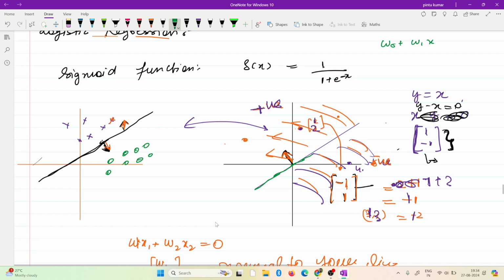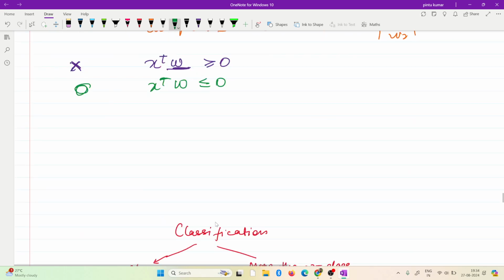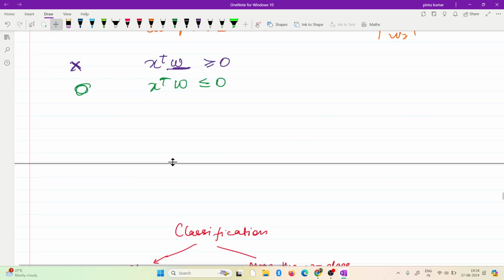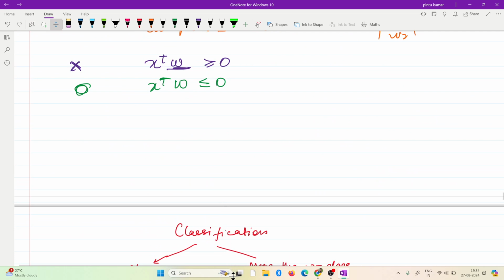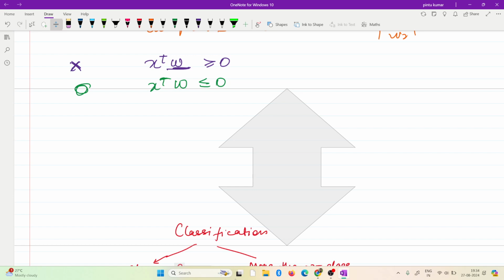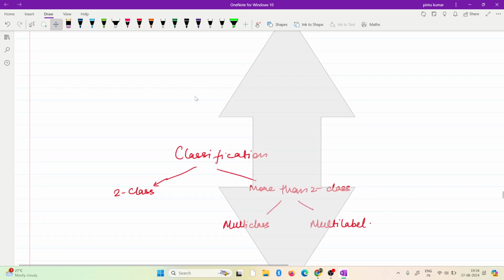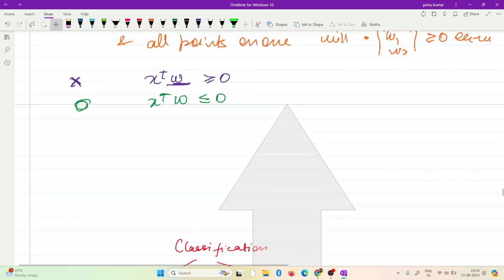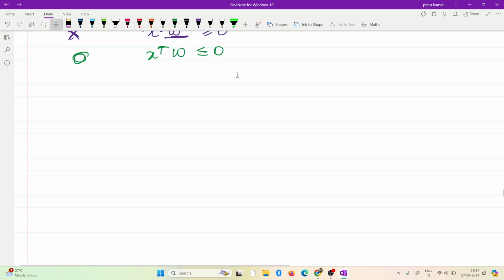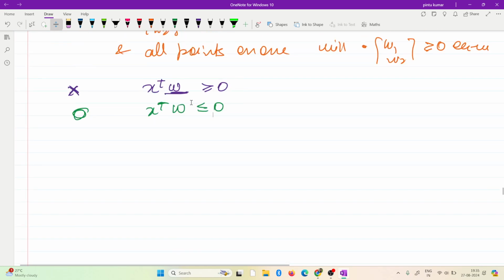Let's now discuss something known as the sigmoid function. Then I think it would be more clear. So just remember that this is what you want: x transpose w greater than or equal to 0 for all cross points, and x transpose w less than or equal to 0 for all these points.